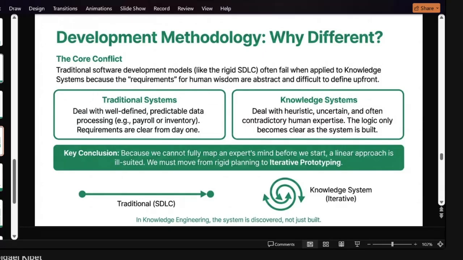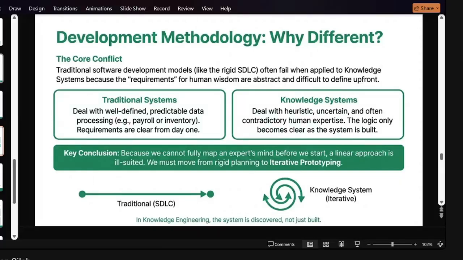Traditional systems deal with well-defined, predictable data processing, e.g. payroll or inventory. Knowledge systems deal with heuristic, uncertain, and often contradictory human expertise. The logic only becomes clear as the system is being built.